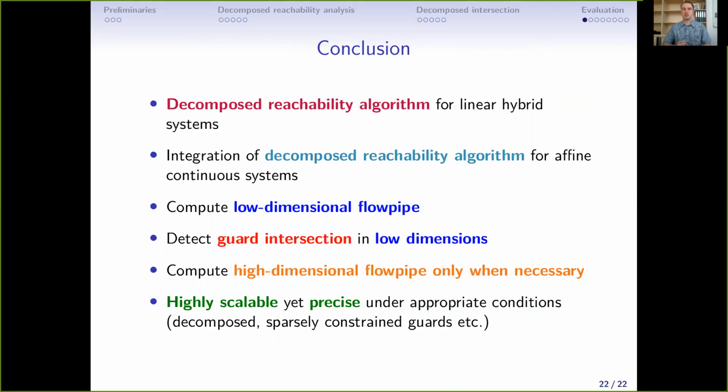And the main ideas were to compute the low-dimensional flow pipe as before, and then detect the guard intersection in low dimensions, and then only if you need to compute the high-dimensional flow pipe for specific time instances. And this resulting algorithm is highly scalable, and yet it is quite precise under the appropriate conditions that your guards and invariants are only constrained in a low number of dimensions. But this is a very common thing.